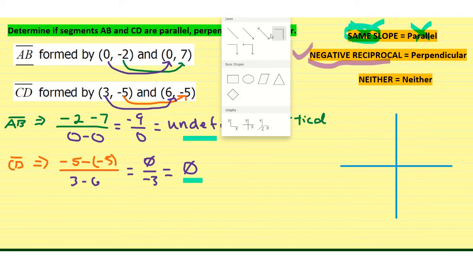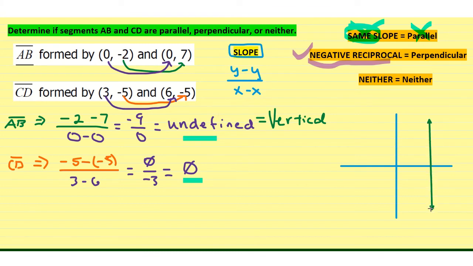Okay, so there is a nice vertical line. And then we also need to understand that a slope of 0 is equal to a flat line, which is also known as a horizontal line. So we are going to draw a horizontal line over here as well.